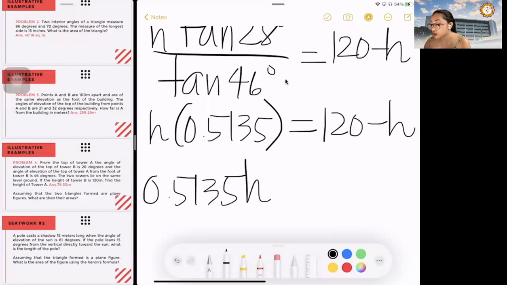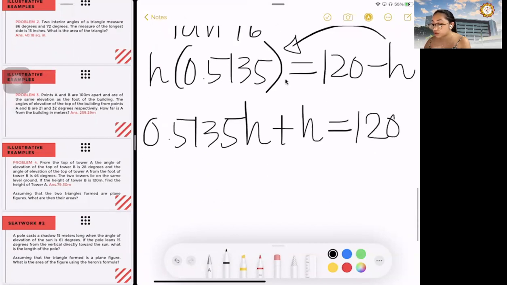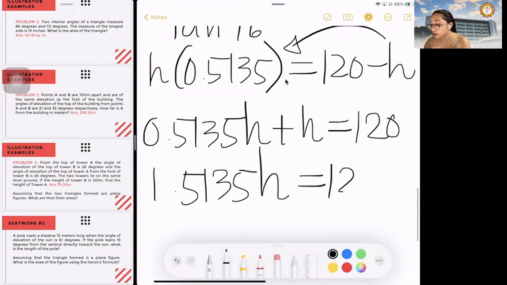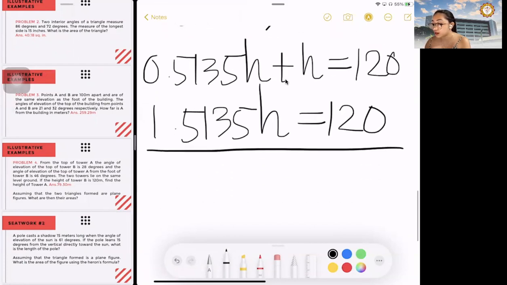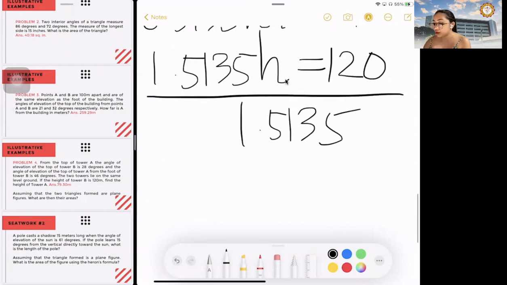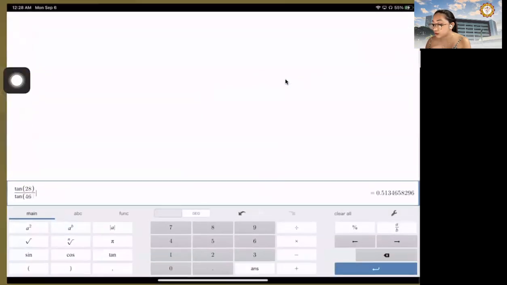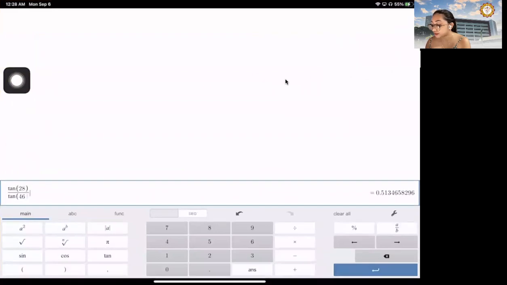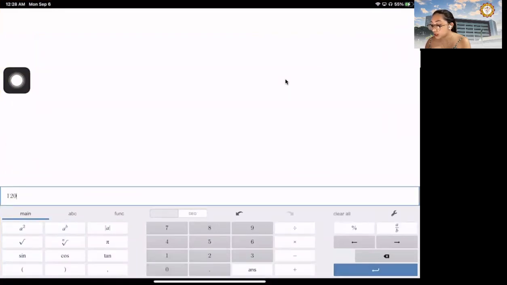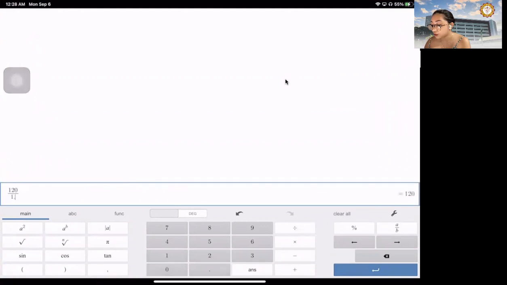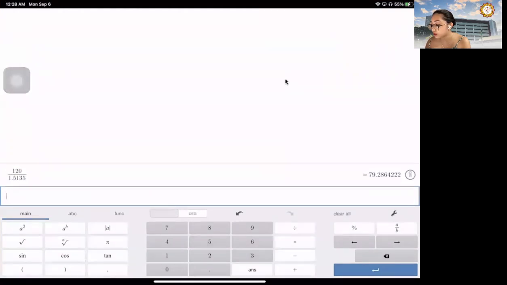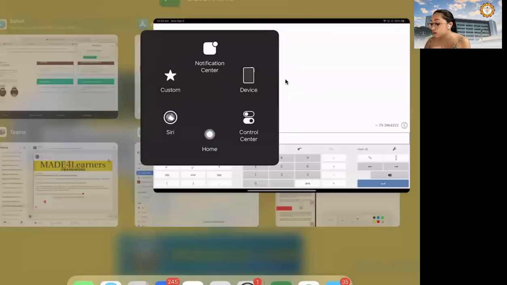So that becomes 0.5135 h plus, transfer, change of sign, is equal to 120. So that becomes 1.5135 h is equal to 120. Therefore, h is 120 divided by 1.5135, which equals 79.2864.